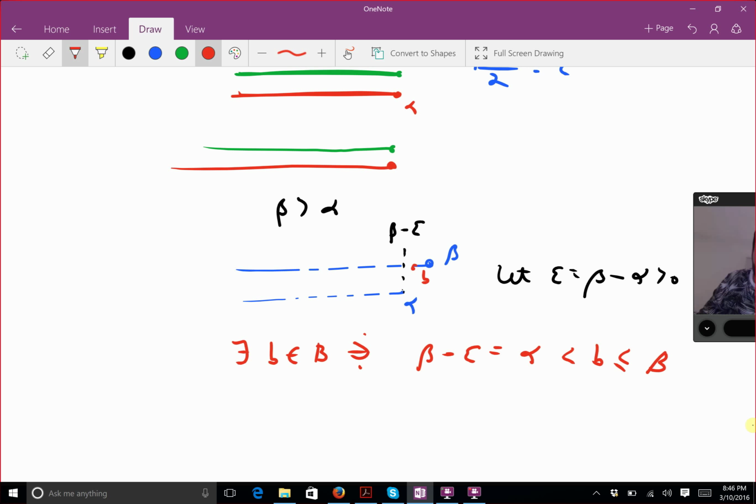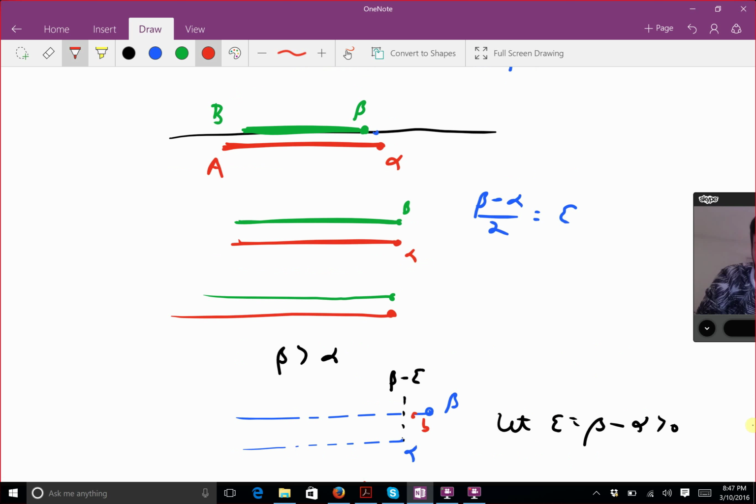Because now this is an upper bound of A, but alpha is the least upper bound of A. That can't happen, because now we're saying that b is greater than every element in A. But this contradicts the fact that B is a subset of A. So this can't happen.